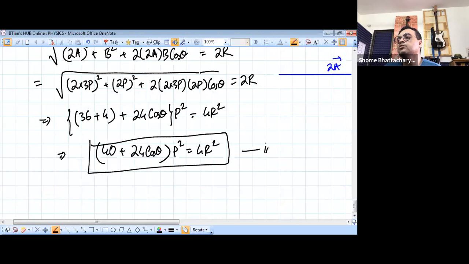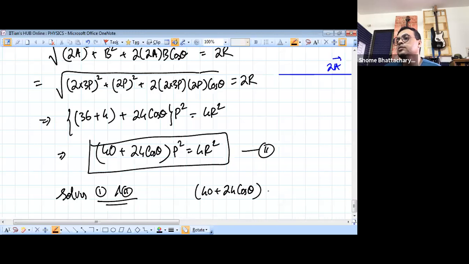Now solve equations 1 and 2, you will get the value of theta. Solving 1 and 2, you will get that 40 plus 24 cos theta, this term, will become 4 times that term, which was 13 plus 12 cos theta.